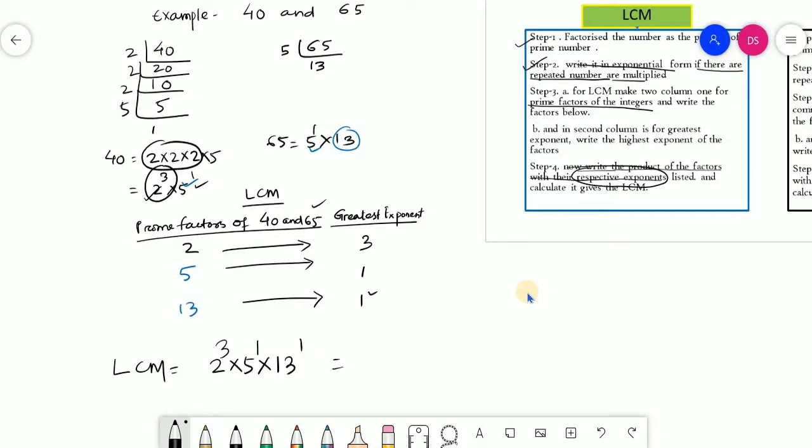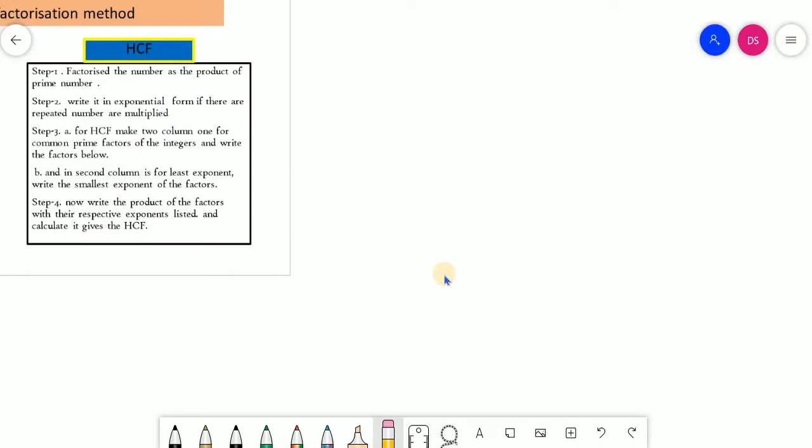So now I will calculate it. 2 to the power 3 is equal to 8, 5 into 13 is 65, 40 into 13 is equal to 520. So the required LCM is this one.